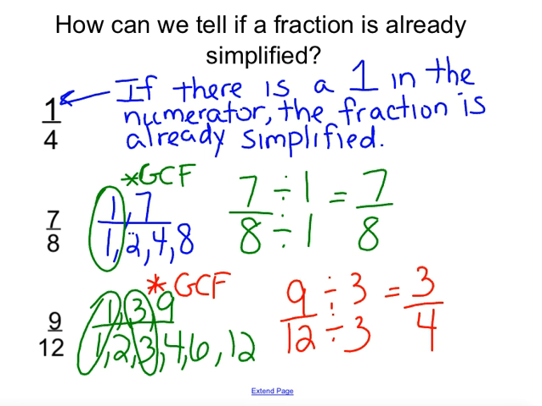Okay? So, if you're not sure, you just follow through and try to simplify it. And if you can simplify it, awesome. If you can't, then that is already a simplified fraction. Okay, so that is it.